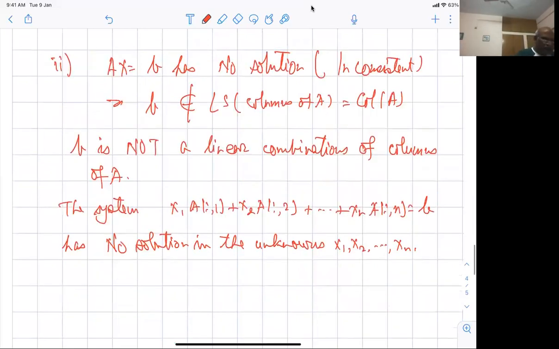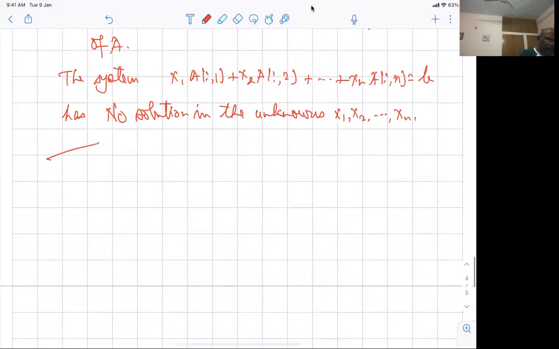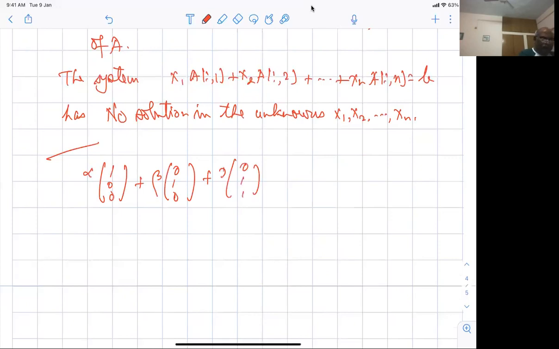For example, if I look at all the vectors which can be generated using this plus beta times 0 1 0 plus gamma times 0 1 1, where alpha, beta, gamma belong to R, then you can see that this will be equal to R3 itself, because this gamma can help me generate the elements of Z, this can help me generate the Y component, and this can help me generate the first component.